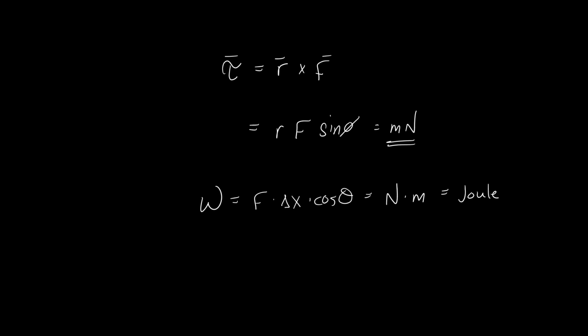We call it a meter newton, and the order tells us that we're talking about torque. So it's important that you understand meter newton is the unit for torque and is not a joule. Newton meter is the unit of energy, and it is a joule. So this is the first time where the order of the units makes a difference, but you need to be clear. Meter newton is a measurement for torque.